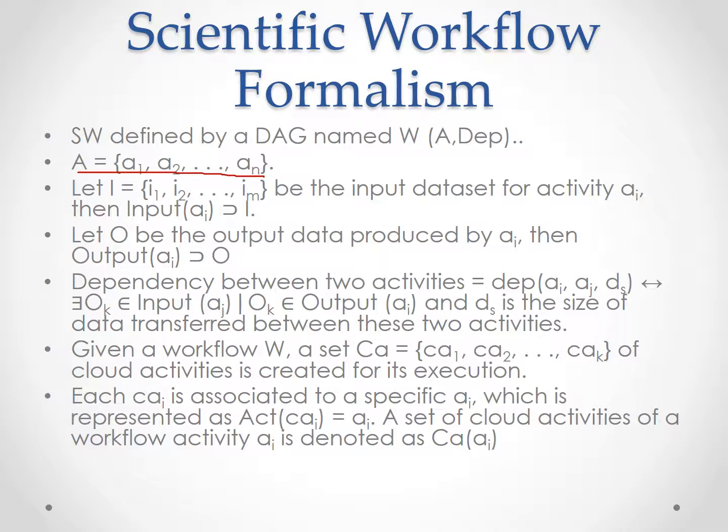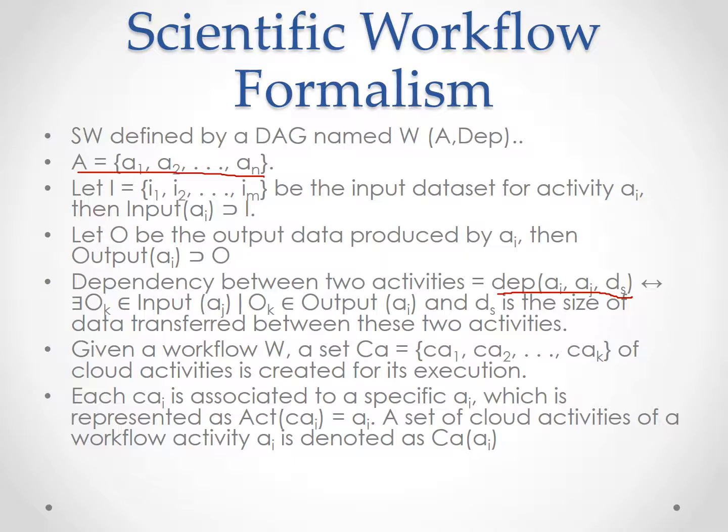Let I be the input data state for activity Ai. Let O be the output data produced by Ai. Now, in this DEP(Ai, Aj, DS), DS is the size of the data transferred between these two activities.